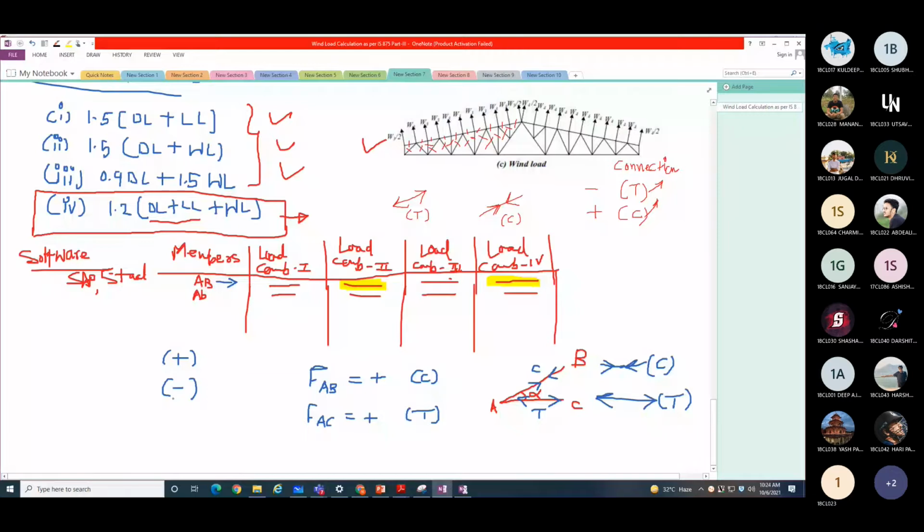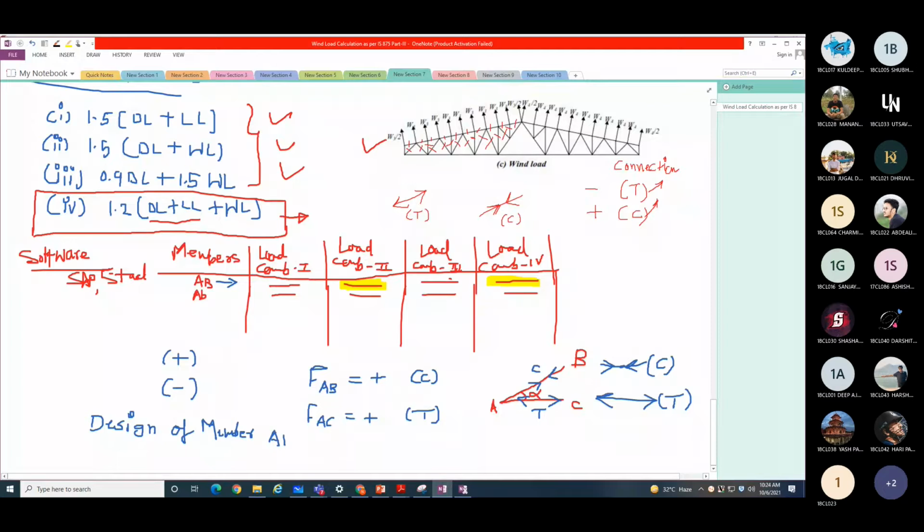For that you require to do the design of this member, say for example design of member AB.